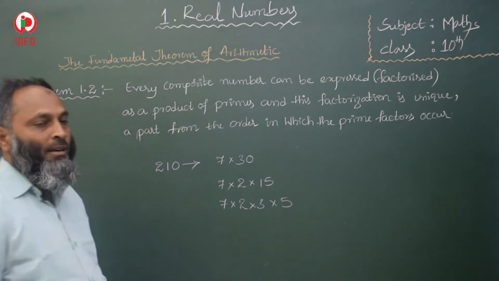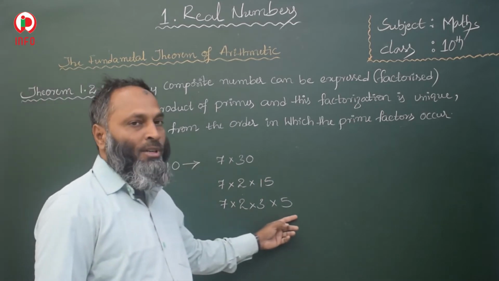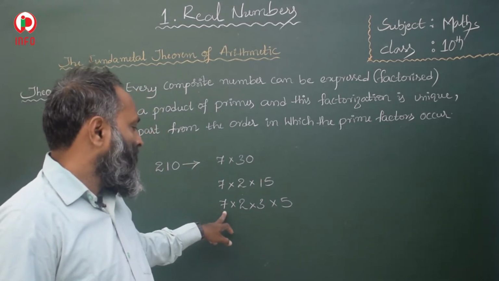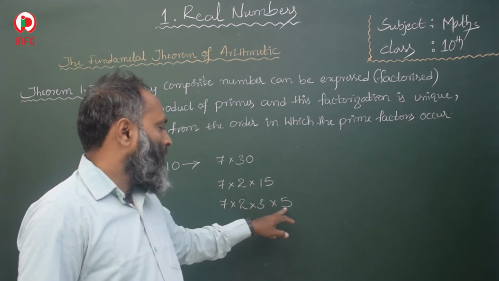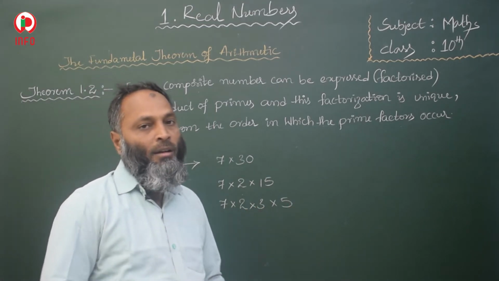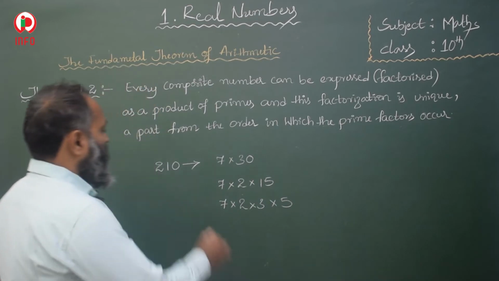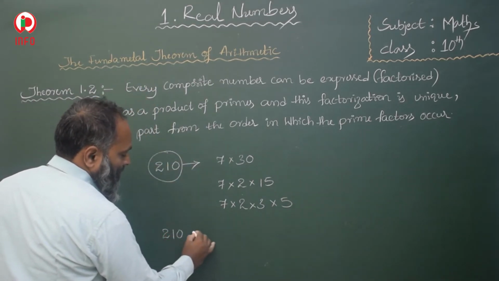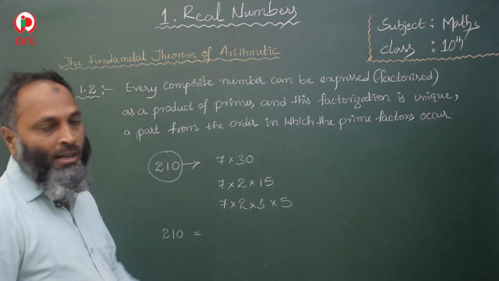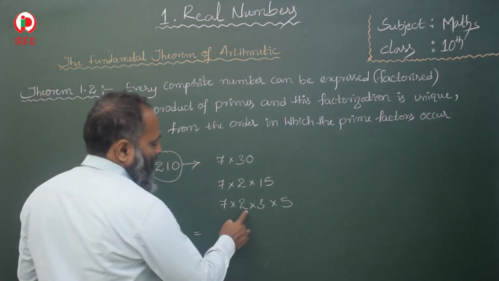Now if we check the product of these numbers: 7 is a prime number, 2 is a prime number, 3 is a prime number, 5 is a prime number, all are prime numbers. So 210 is a composite number. Composite numbers can be expressed as a product of prime numbers.